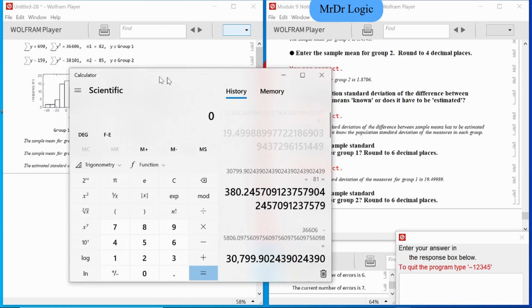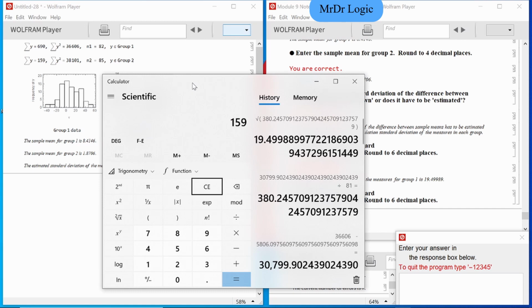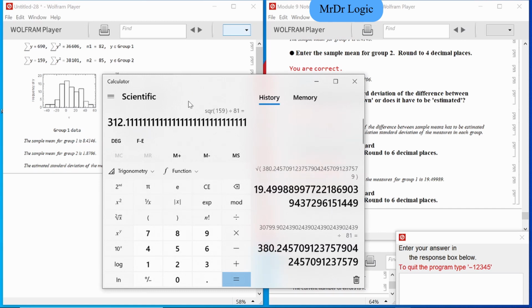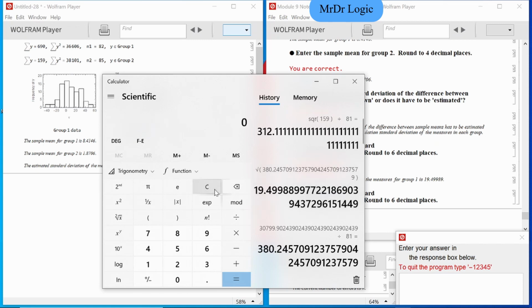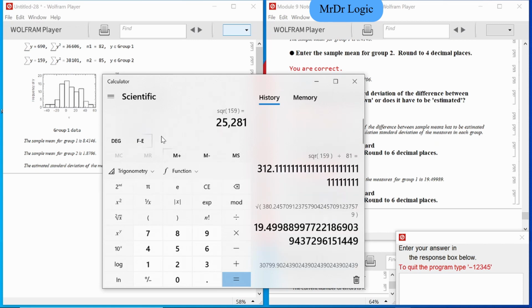Okay, so we're just going to repeat the whole process again. So 195 squared. What the heck? 195 squared divided by 85.